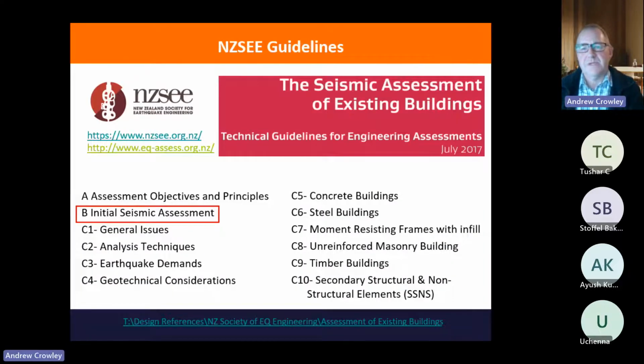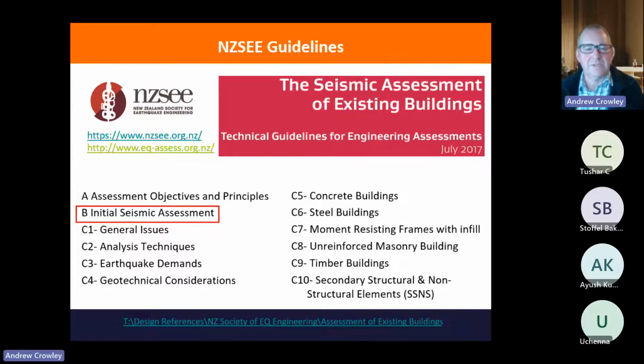So you may or may not have seen the full list. If you want to do the seismic assessment of existing buildings, you need to familiarize yourself with the full set. And it goes from A to B to C. And there are 10 parts of C, which is really looking at the things you need in the DSA.